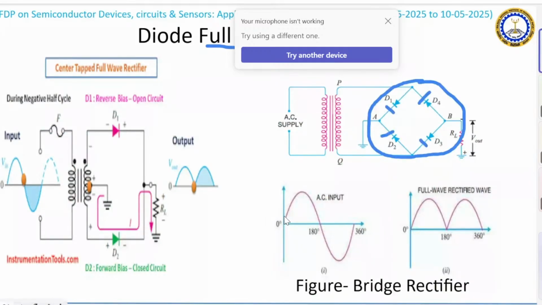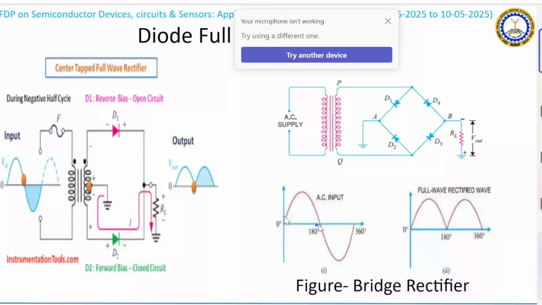So now let us discuss what is going to happen. Consider the input voltage. This diode is going to support it, and this one is going to oppose it.